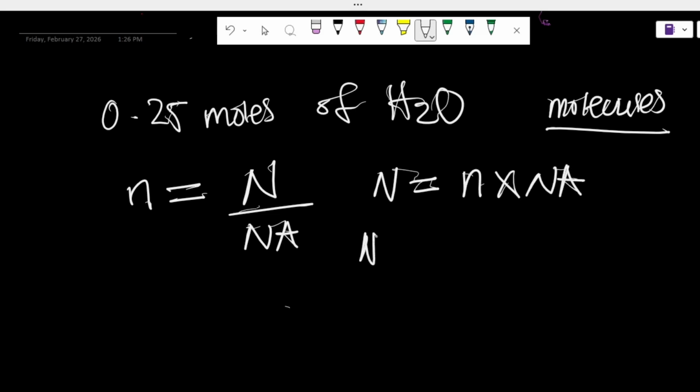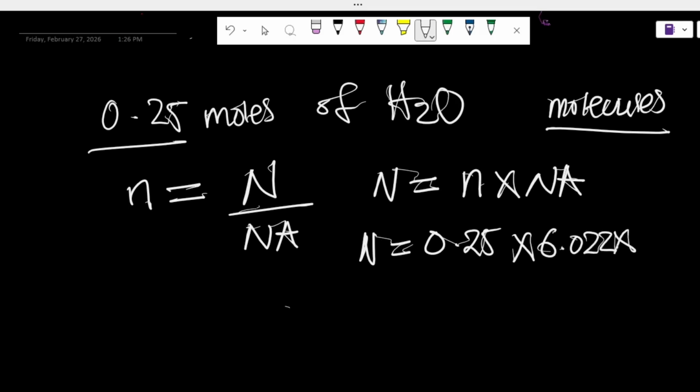So in this case, we're going to say, how many moles do we have? Notice we have 0.25 moles times, what is the Avogadro's number? It is 6.022 times 10 to the power 23.